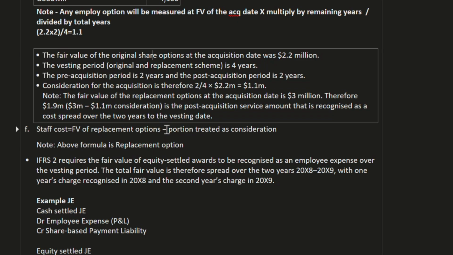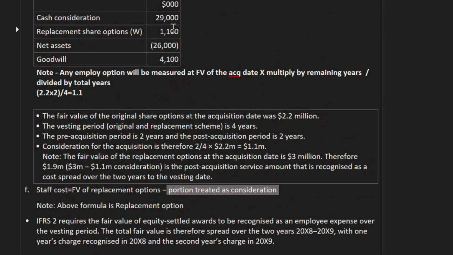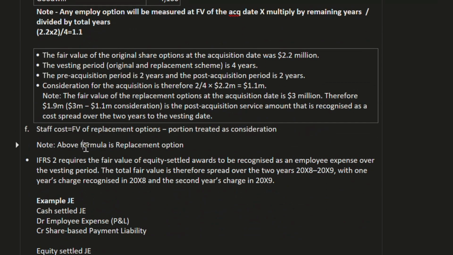What is the portion we treated as consideration? That is 1.1. Now 3 million minus 1.1 will be 1.9 million. That will be staff cost, and this will be allocated over the post acquisition period.